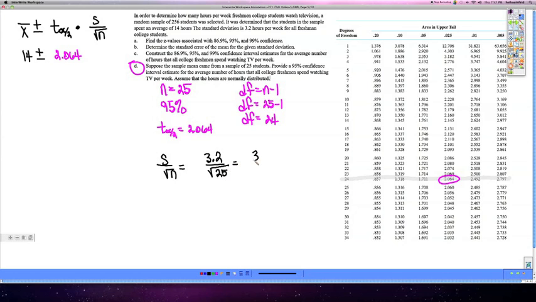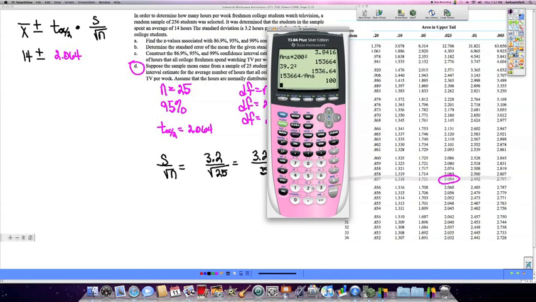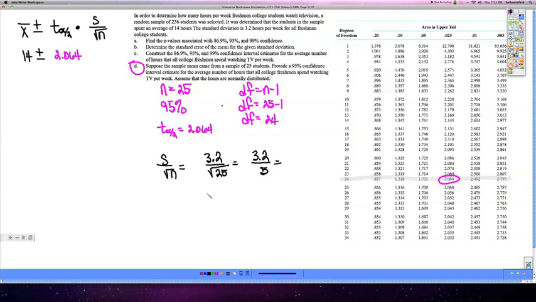So we're going to have 3.2 divided by 5, which is somewhere in the neighborhood of 0.6. .64 actually. And that's what we'll multiply by the 2.064.